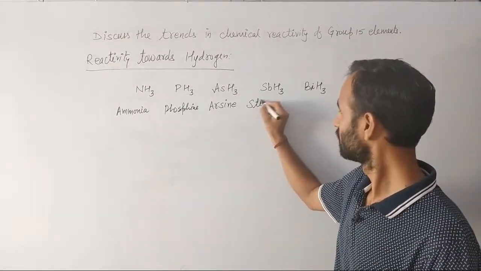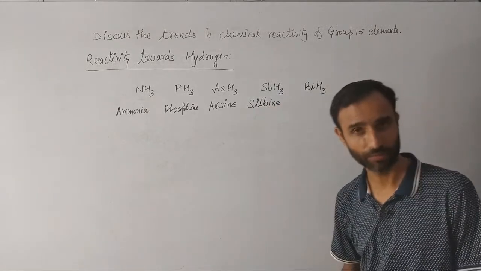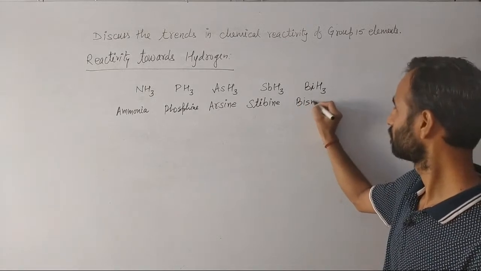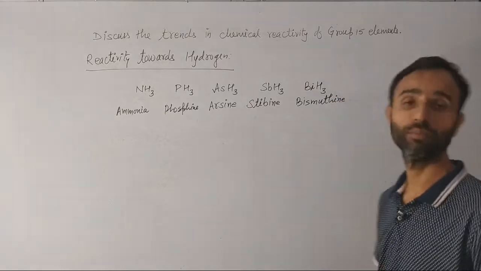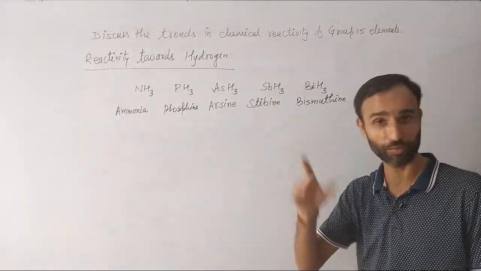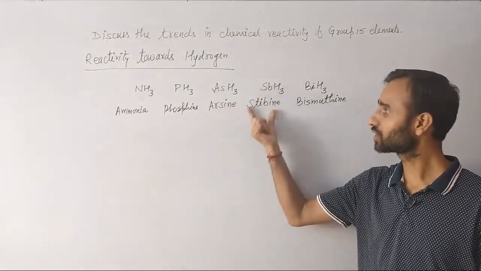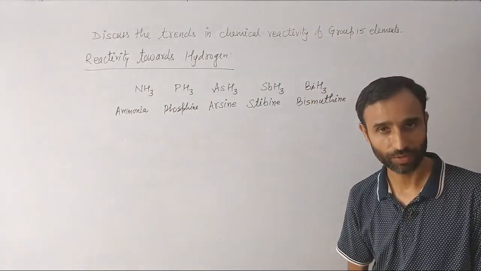It is stibine. And BiH3 is bismuthine. So the names you should remember. Okay, AsH3 is arsine, SbH3 is stibine, and BiH3 is bismuthine.